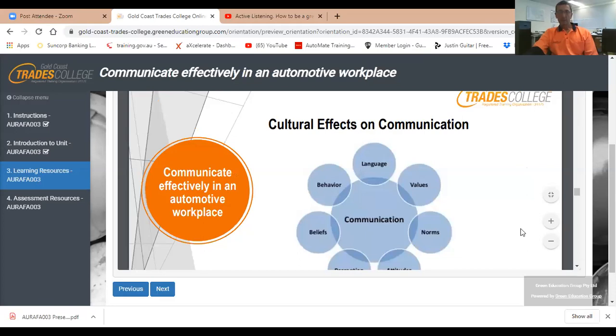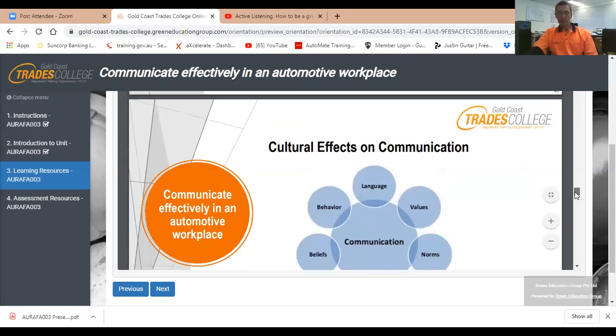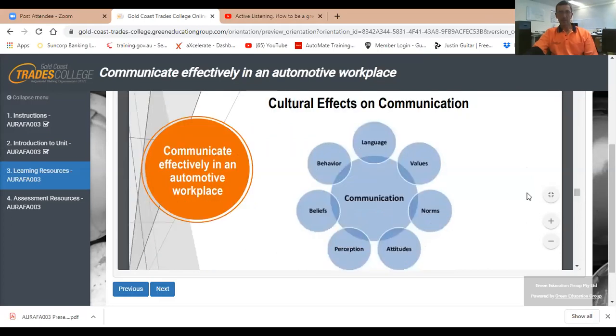Now, another aspect to communication in our community and our lives today is cultural effects on communication. We see in our day-to-day lives all sorts of different people from all sorts of different cultural backgrounds. Those folk may well have completely different language, a different set of values.